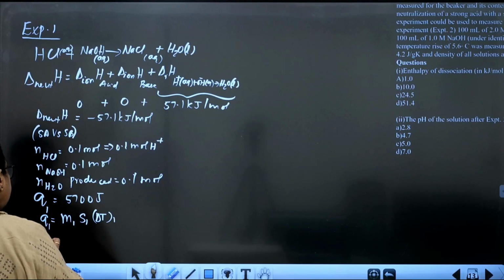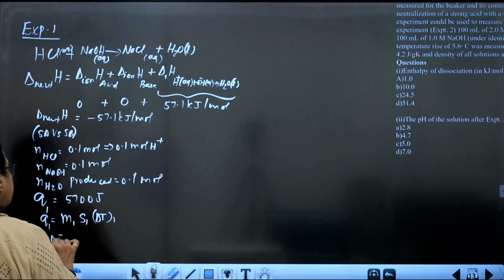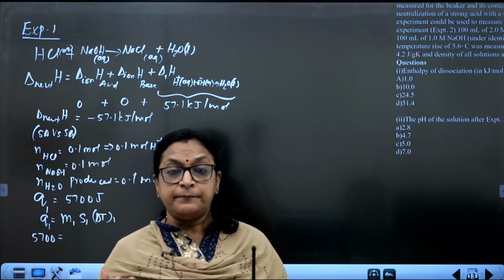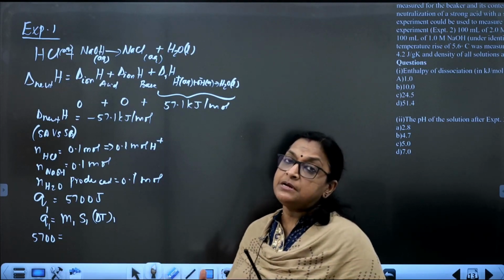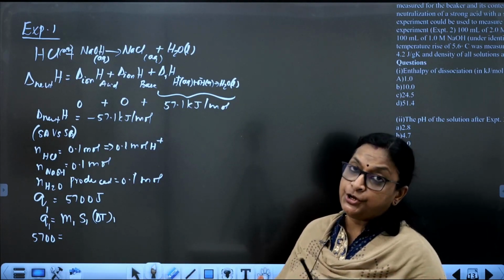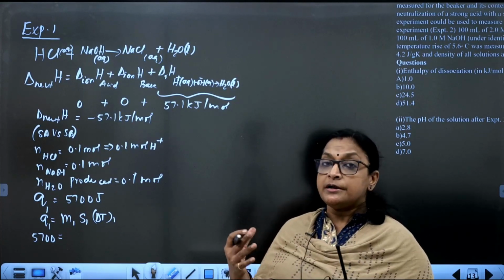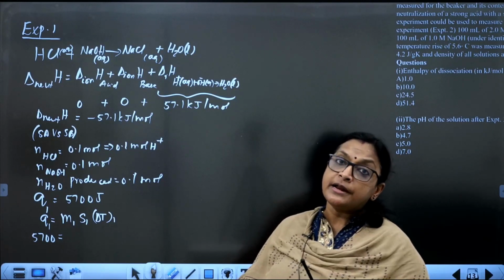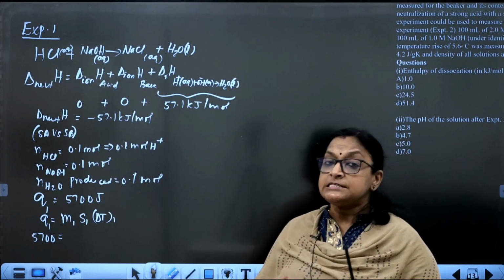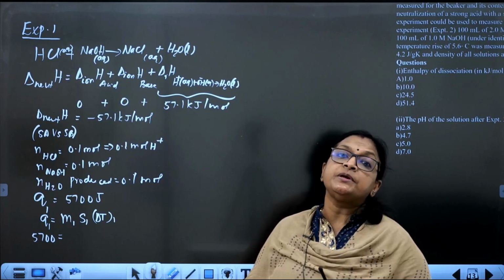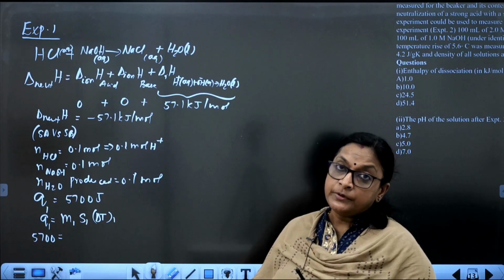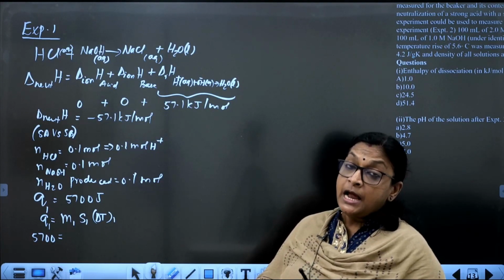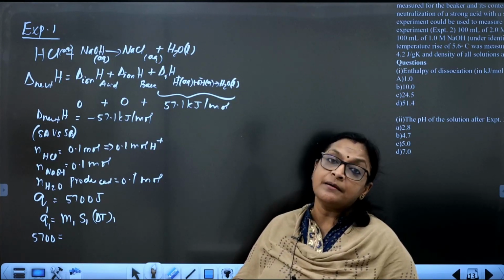And Q1 here is 5,700, equal to the mass of solution which got heated up. We have mixed 100 ml HCl with 100 ml NaOH, which makes 200 ml solution. Volume of solution is 200 ml, and it is said to take density to be 1 gram per ml.